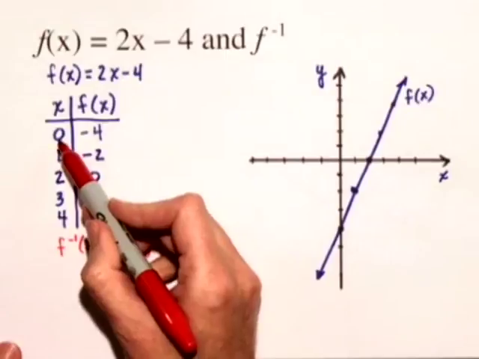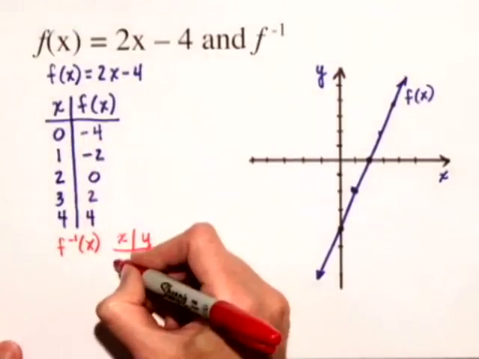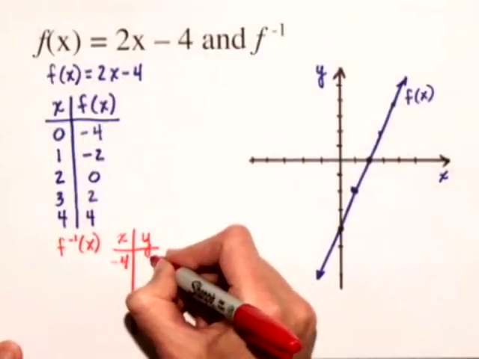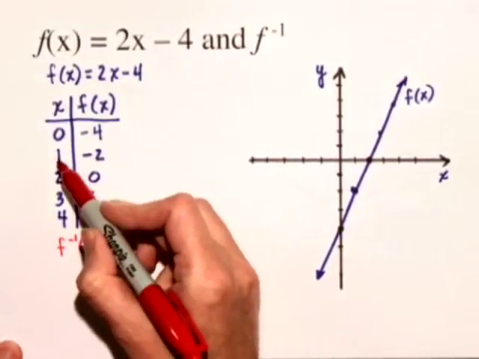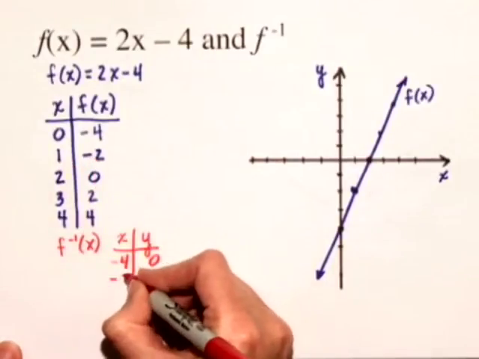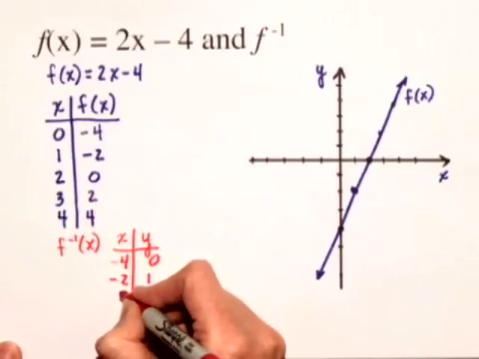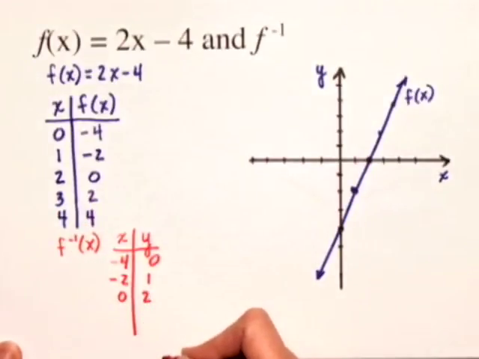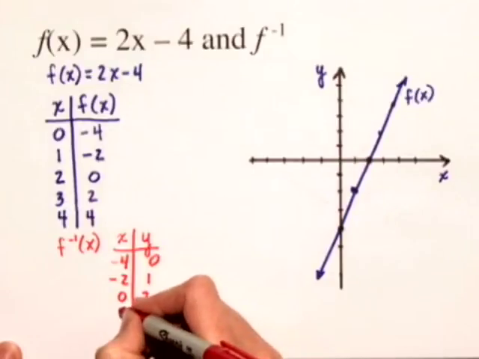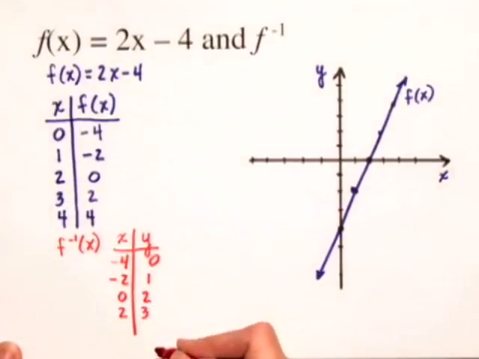So instead of having the point 0, negative 4, we'll have negative 4, 0. Instead of 1, negative 2, we'll have negative 2, 1. Instead of 2, 0, we'll have 0, 2. Instead of 3, 2, we'll have the point 2, 3.